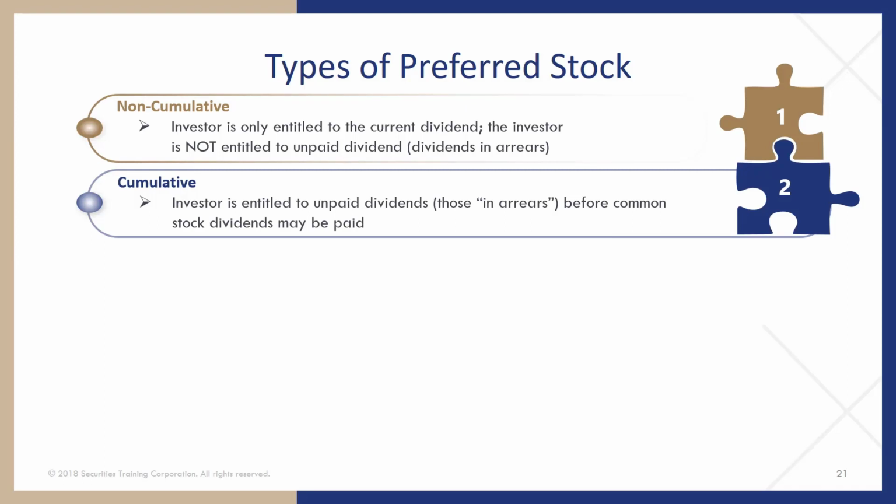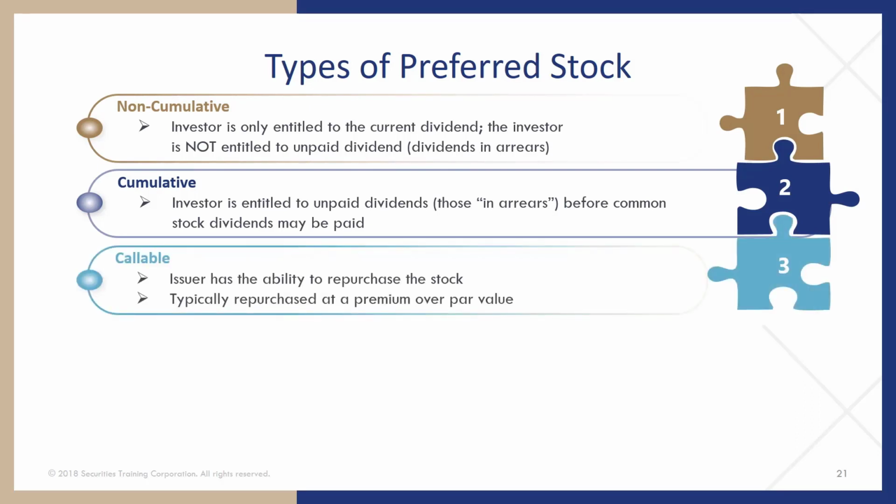And do they have to be paid out before any dividends can be paid to the common shareholders? Well, if it's non-cumulative, there's no requirement to pay those arrear dividends. If they're cumulative, there is. So a preferred stock can be cumulative or non-cumulative. And in a few minutes, I'll show you an example of how that might work. Another characteristic could be callable, which allows the issuer to redeem those shares of preferred stock at some point in time.